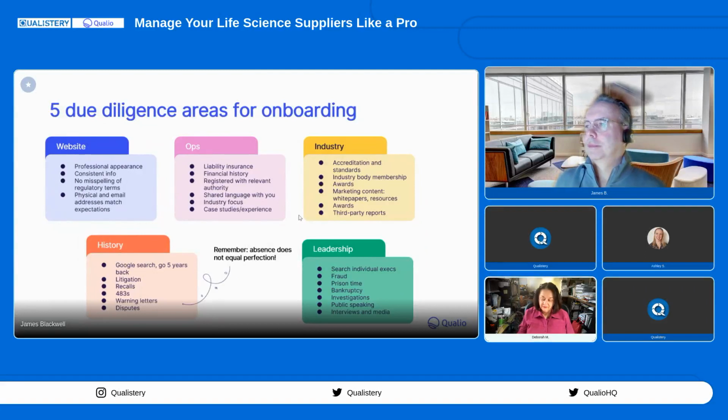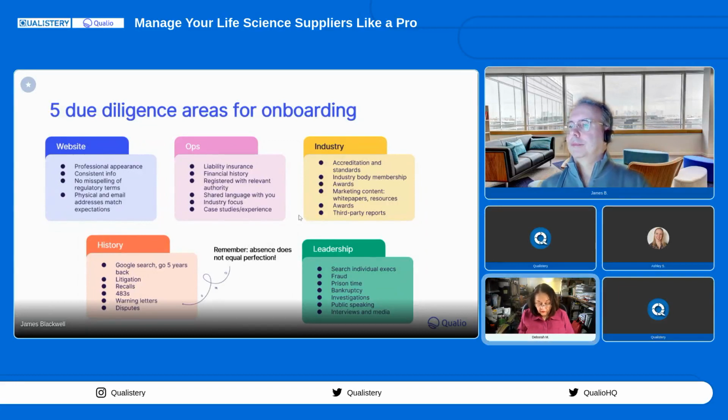So ops, I got to put my glasses back on again. So that's your liability and your financials and your industry focus. So industry accreditation and standards, and I would add certifications.